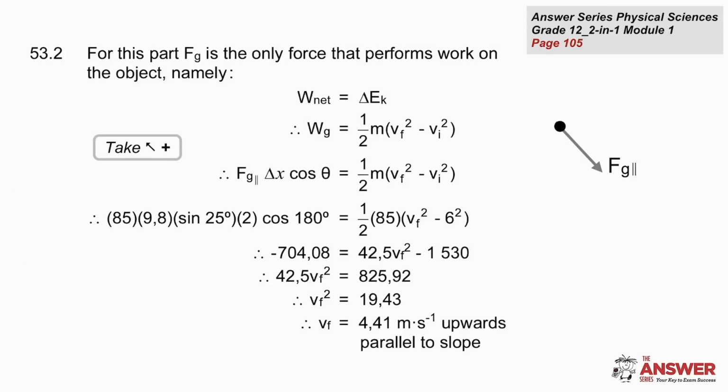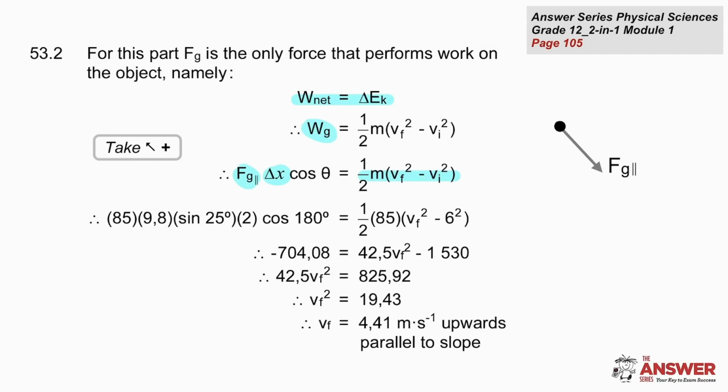We can take the same approach to finding the velocity at R. Here is the essential formulation, with the only force doing any work being the gravitational force. Delta ek is expanded as before. We have chosen to use the work definition for the parallel component of Fg, with delta x and Fg parallel in opposite directions.